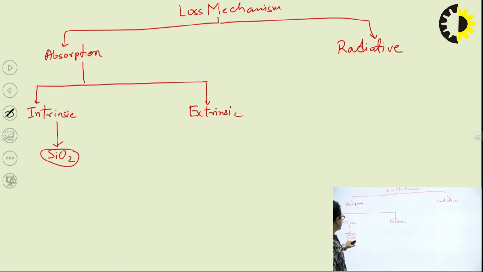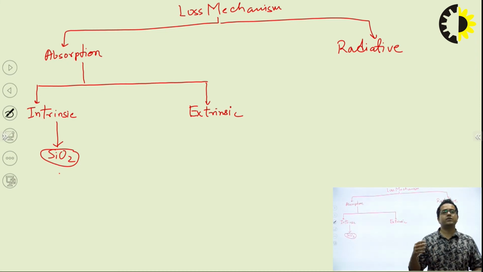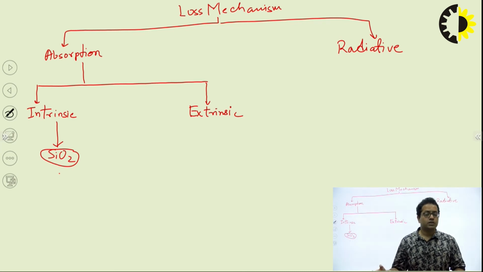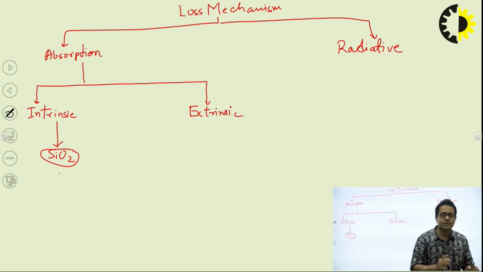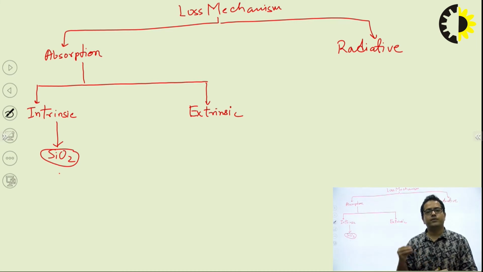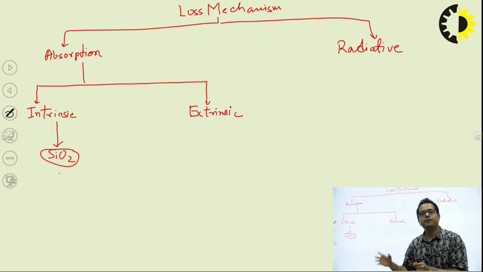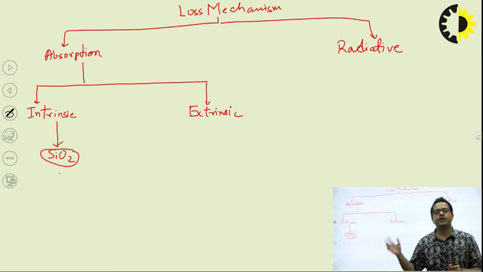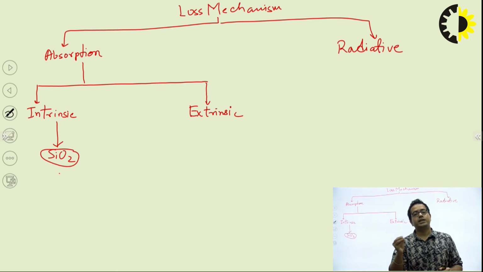And we know that silica has its resonance frequency in the infrared region. We mostly launch optical signals at wavelengths in the infrared range, and we also know that silica is going to absorb the frequencies in the infrared regions.